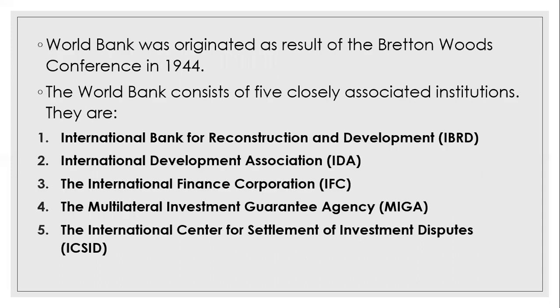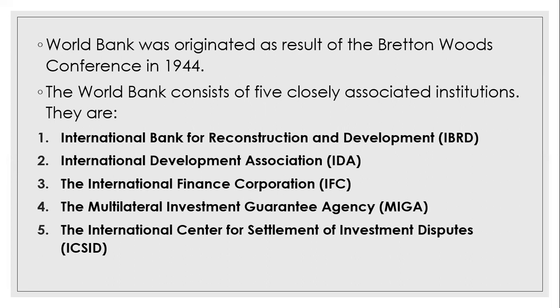The World Bank originated as a result of the Bretton Woods Conference in 1944. It is one of the Bretton Woods sisters who were created in 1944 by a conference held at Bretton Woods in the United States, in which 44 nations took part. The World Bank consists of five closely associated institutions.